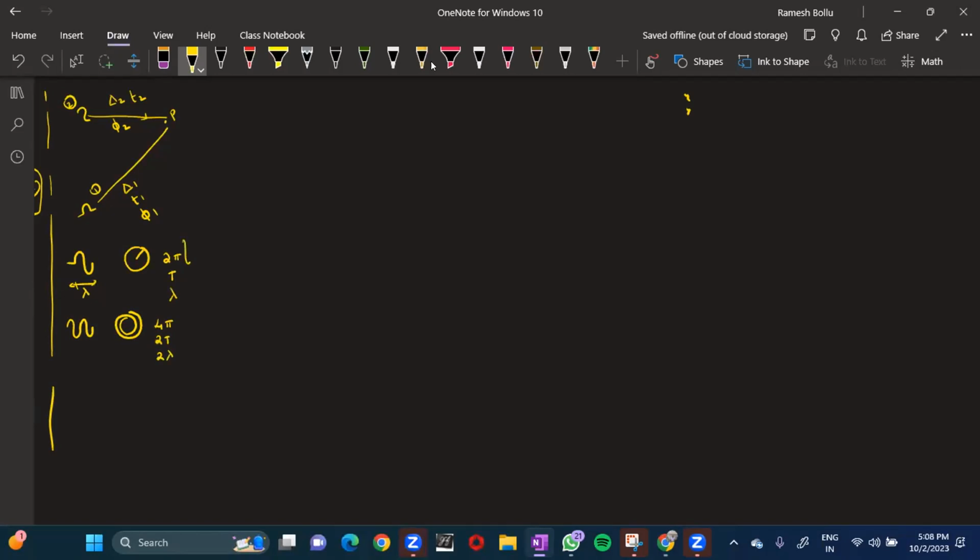So here we have got one relation. The phase difference is proportional to the time difference between the two waves, and directly proportional to the path difference between the two waves. To give a perfect equation format, I can keep some constant. So I can write: phase difference between the two waves divided by 2 pi equals time difference between the two waves divided by capital T, equals path difference between the two waves divided by lambda.